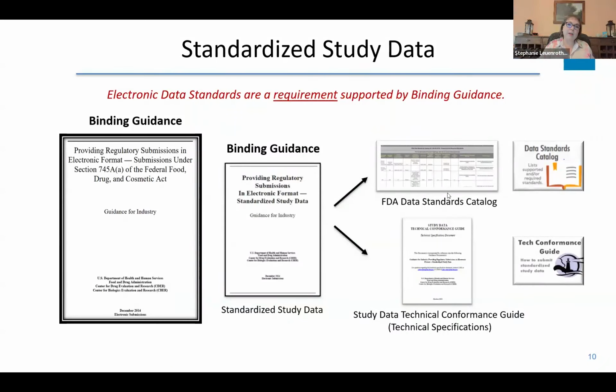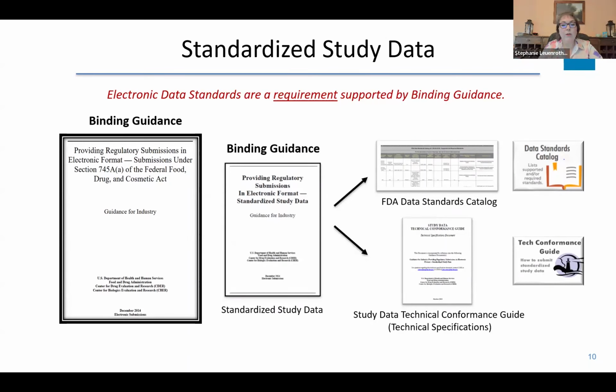So again, thinking about that one pathway, just the data standards pathway. We start with the first binding guidance document, which describes Section 745A of the FD&C Act. From there, we have Providing Regulatory Submissions in Electronic Format: Standardized Study Data, as our binding guidance for data standards.